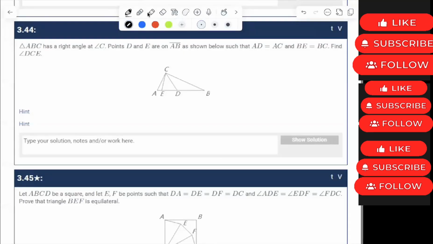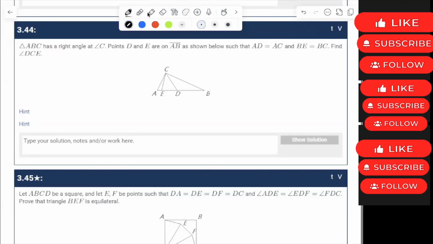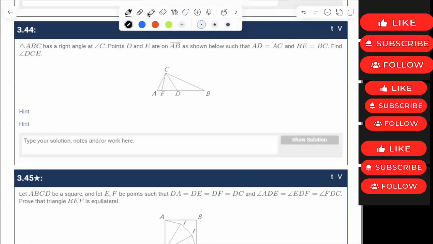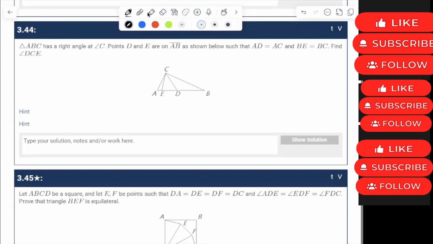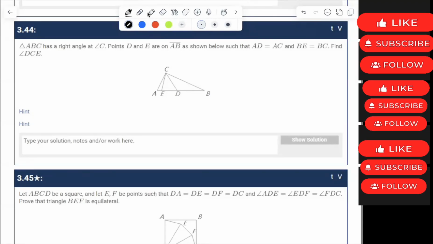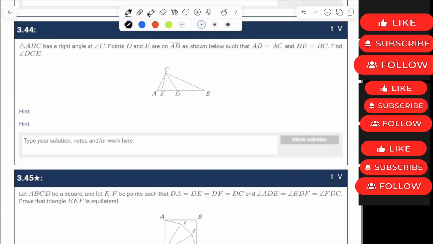And that's the medians. Hopefully that's a median. Oh yeah, it's not. Well, if there's medians, they're very important. But anyways, we have AD is equal to AC and BE is equal to BC. Find DCE. We got isosceles triangles here, alright?